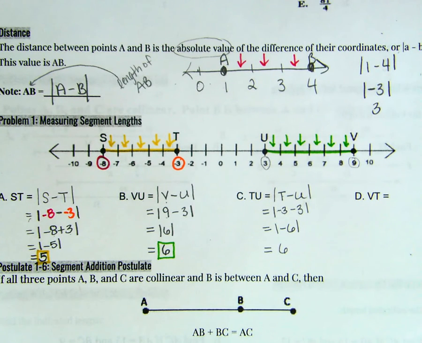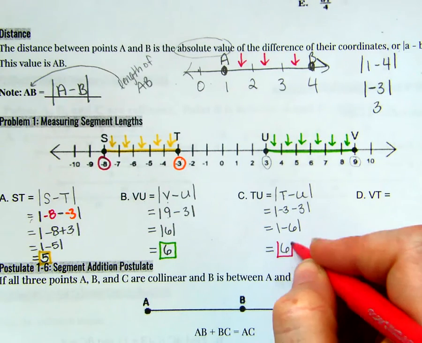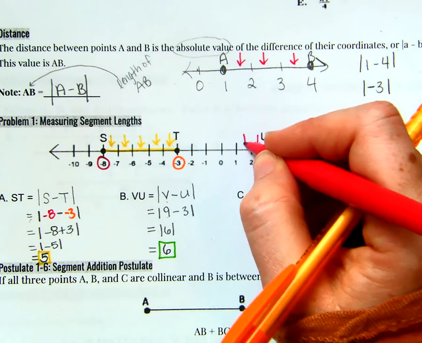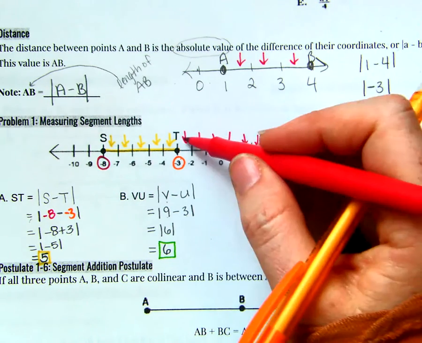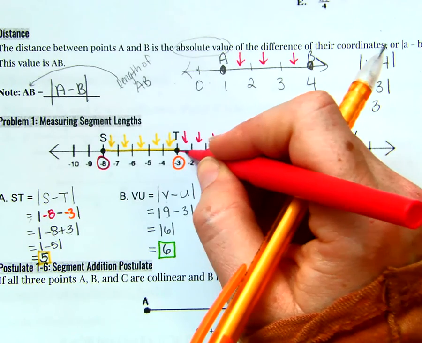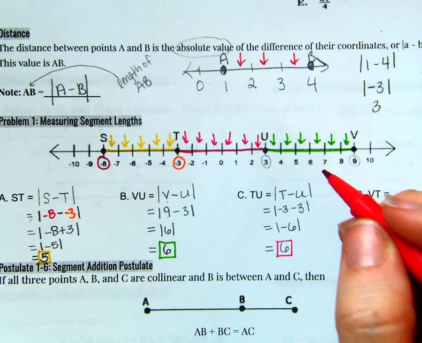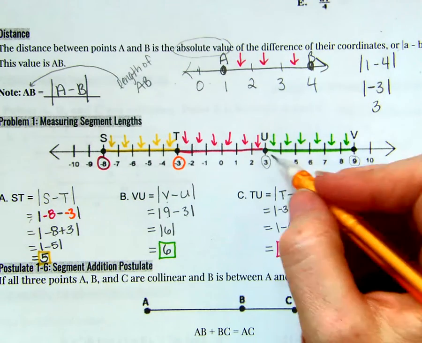And again, you could check this on the number line, if you so desire, by just counting from T to U. So 1, 2, 3, 4, 5, 6. You can sort of see it works either way. And so the length from T to U is in fact 6.